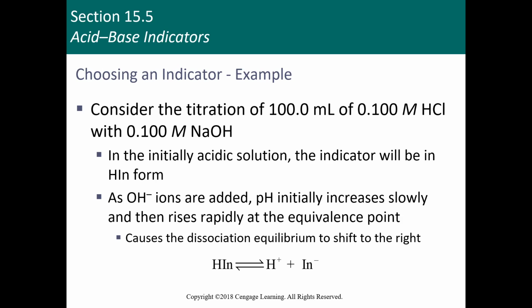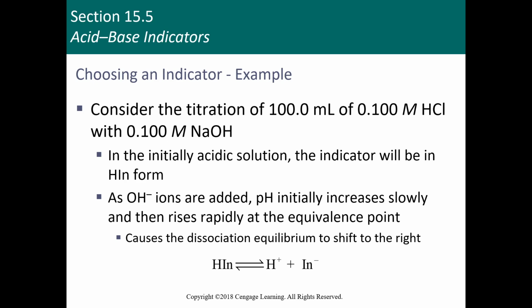So consider the titration here of 100 milliliters of 0.1 molar HCl with 0.1 molar NaOH. In your initially acidic solution, the indicator will be in the acid form. As you add OH- ions, the pH will initially increase slowly. Then, when you reach near the equivalence point, it will increase rapidly.